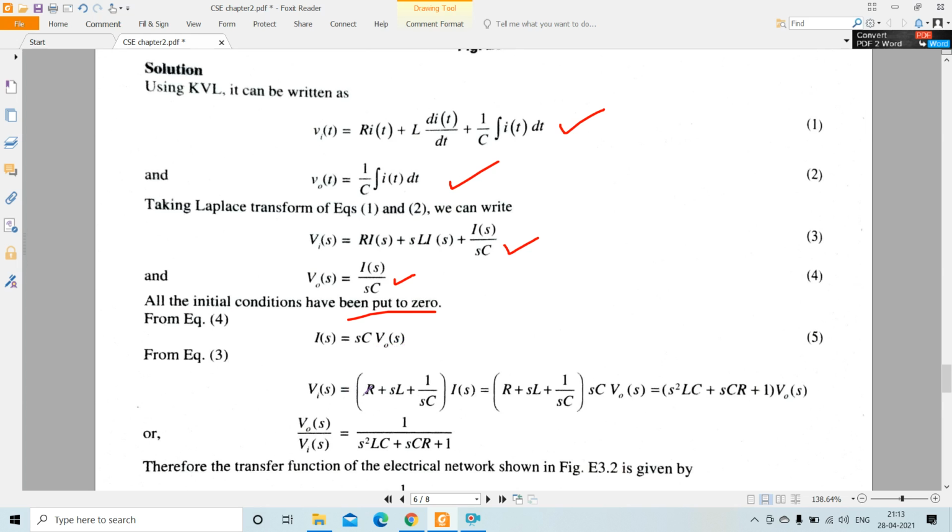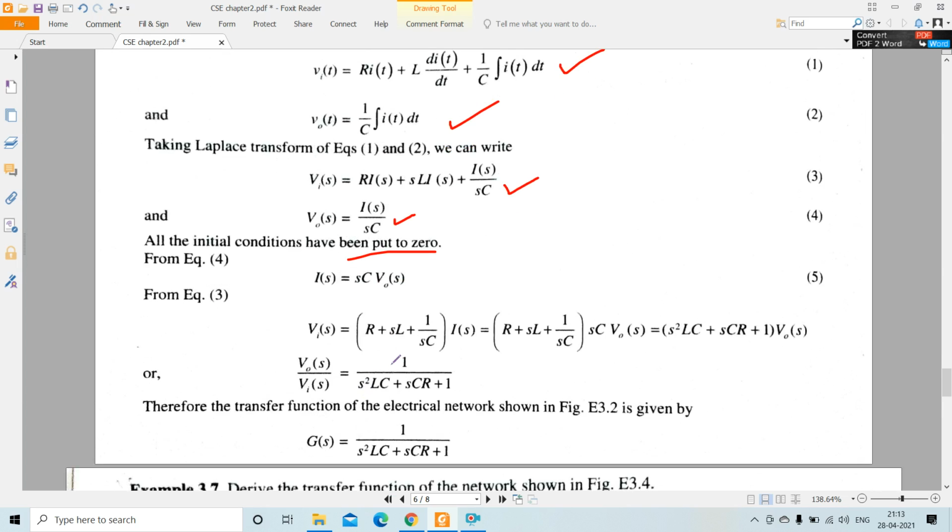Then Vi(s) is equal to, if we take I(s) common, R plus sL plus 1/sC into I(s), and we put the value of I(s) here, sC into V0(s). By solving this algebraic expression we found s squared LC plus sCR plus 1, whole into V0(s).